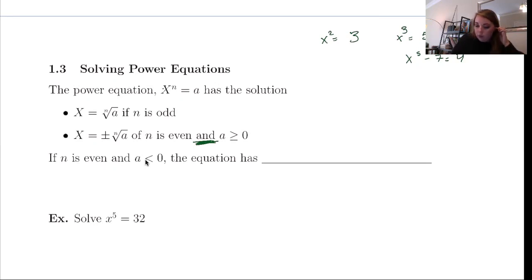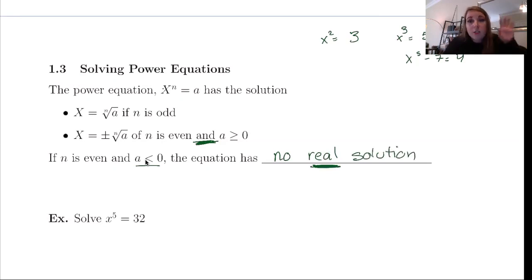So when I want to find the square root of that positive number, it can be a negative number or a positive number. But if I want to take an even root, so square root, 4th root, 100th root, and that number is negative, the equation has what is called no real solution. And I'm really emphasizing the real part of it.